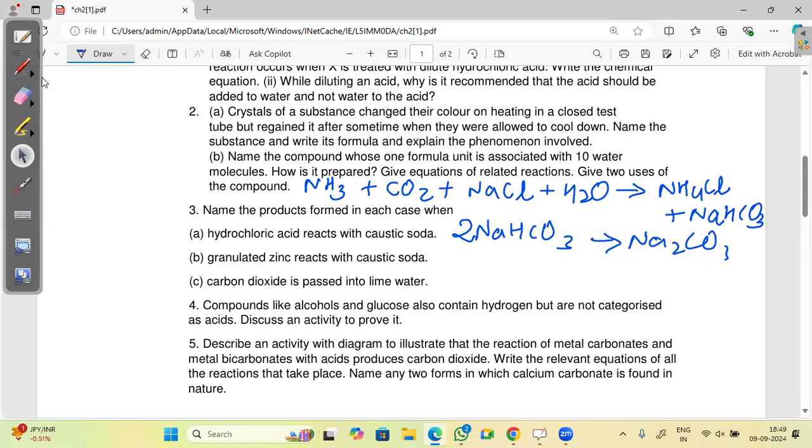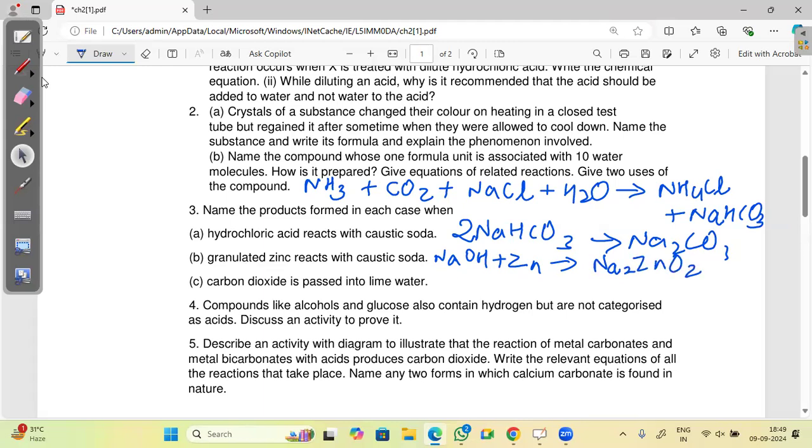So NaOH plus zinc, what will be the product? Zinc can't displace sodium. Here you have the formation of sodium zincate, Na2ZnO2.